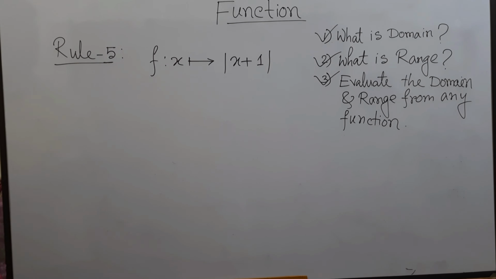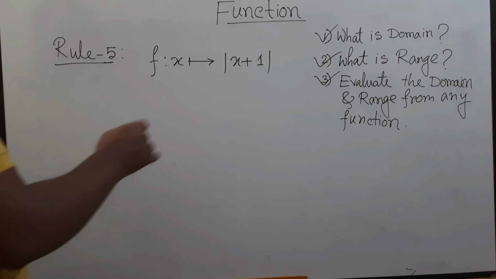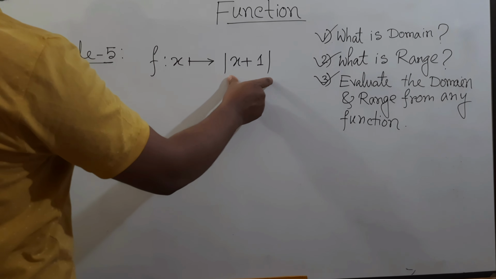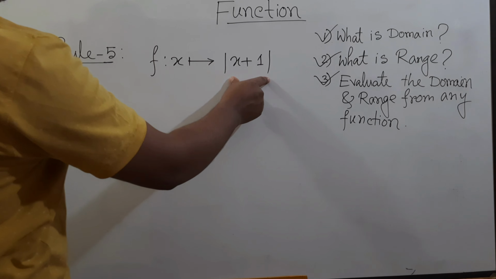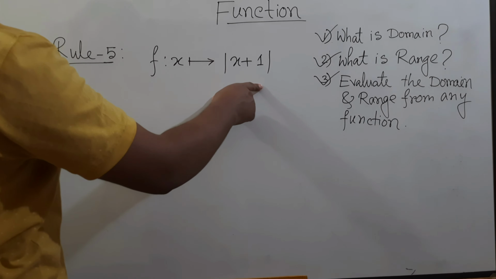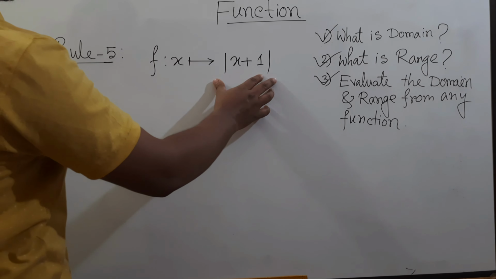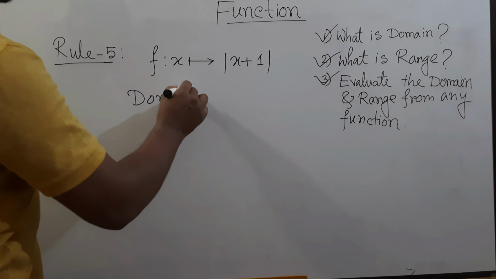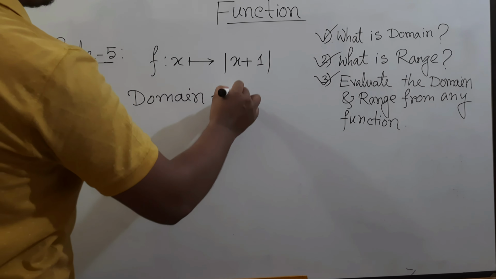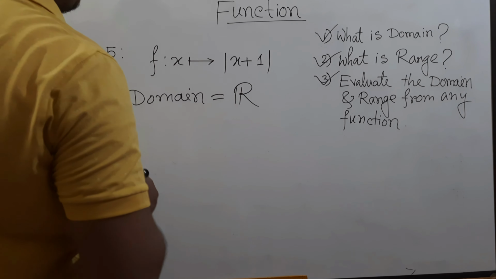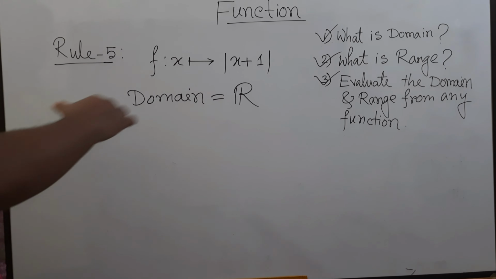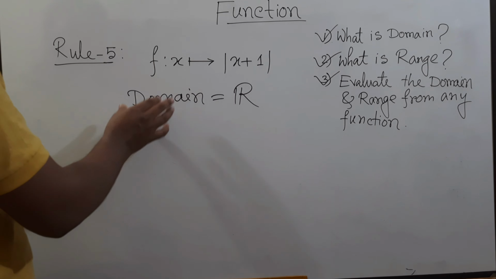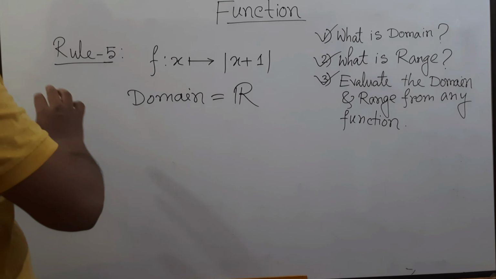Now what will be the domain of this function? We know that the value inside this modulus is made positive. That means we can take any value for x. So the domain should always be R, all real numbers.